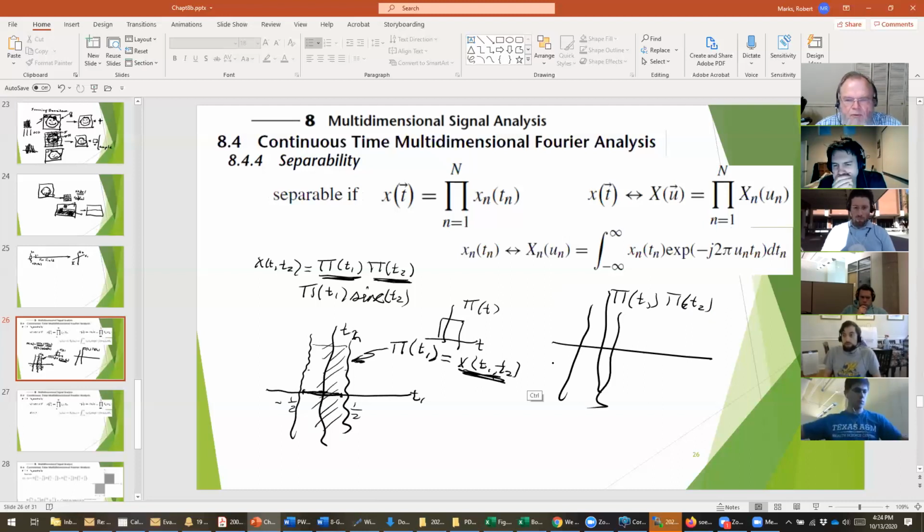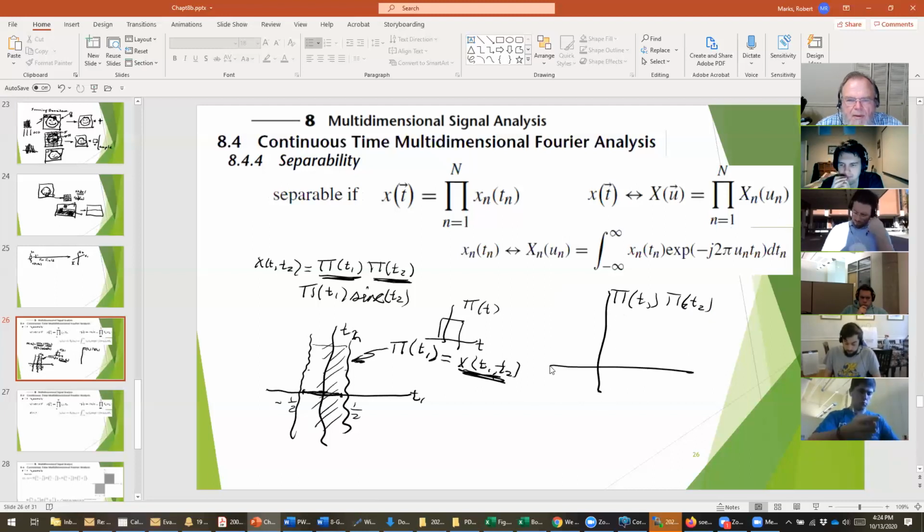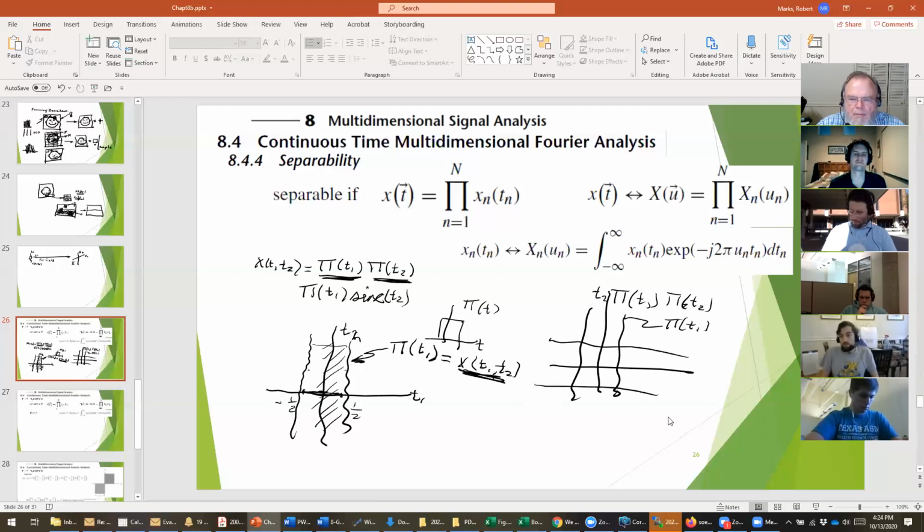Boy, that's a terrible job. Okay, let me try to do this. This is pi of t1, right? And this is pi of t2. I haven't labeled my axes here, t2, t1. And this is pi of t2.